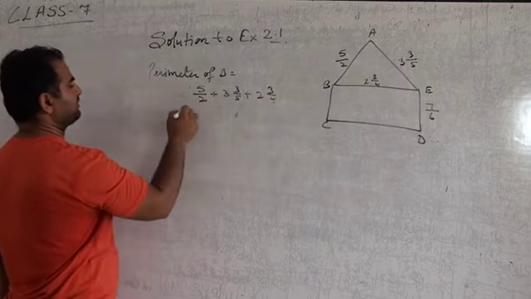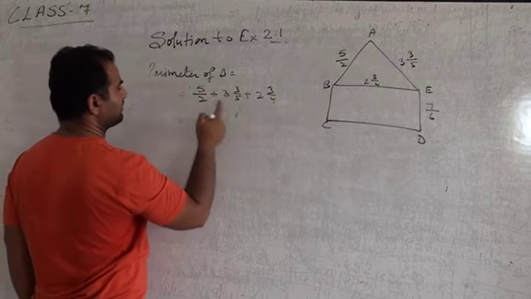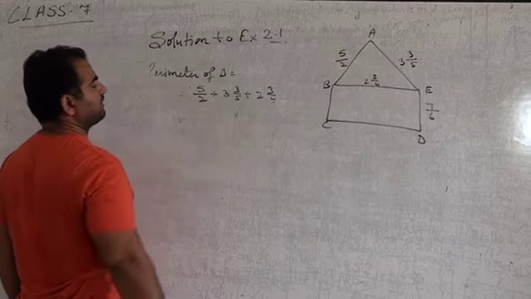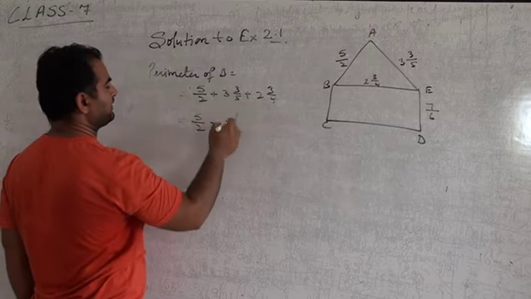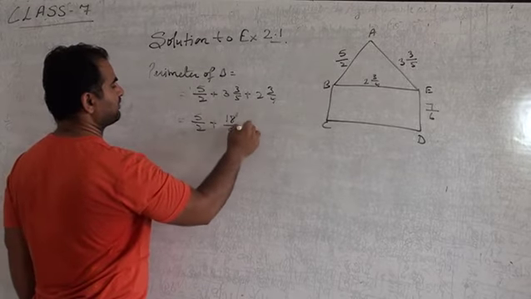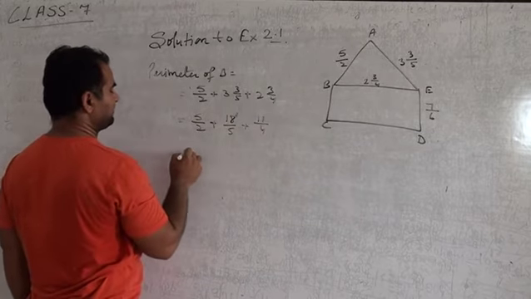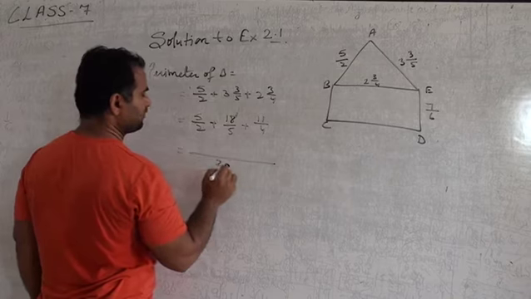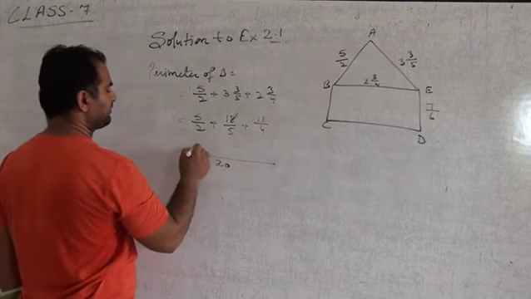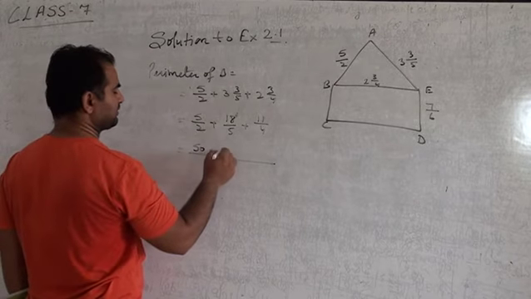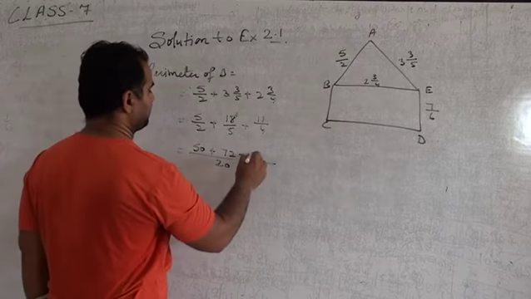Okay, so for the LCM we have to convert these into improper fractions. It will be 5 by 2 plus 18 by 5 plus 11 by 4. The LCM will be 20. So it will be 50 plus 72 plus 55.